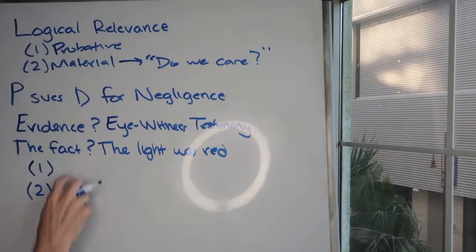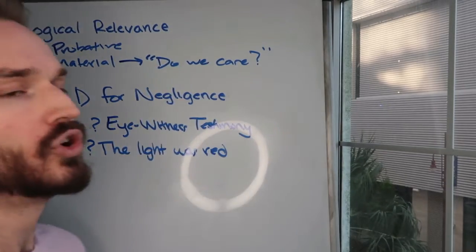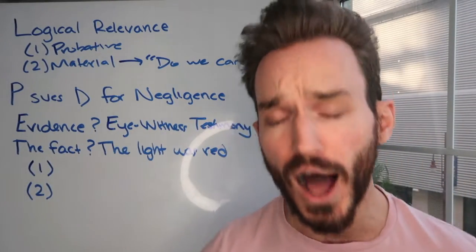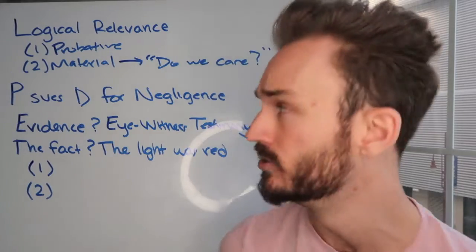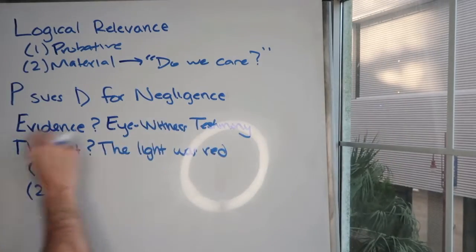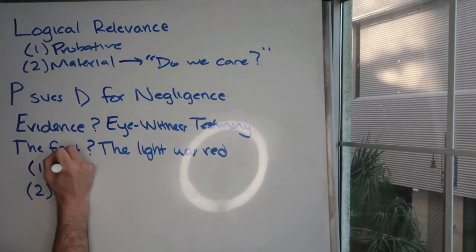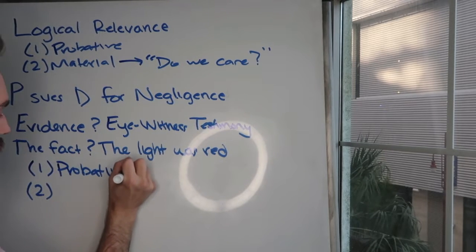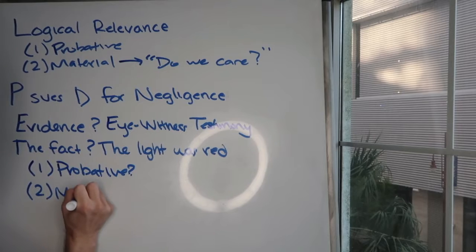Okay? And so if you're on an evidence essay, and you want to ask whether this eyewitness testimony is logically relevant, what are you going to do? Well, you have to ask, is this eyewitness testimony probative? Is it probative? And is it material?